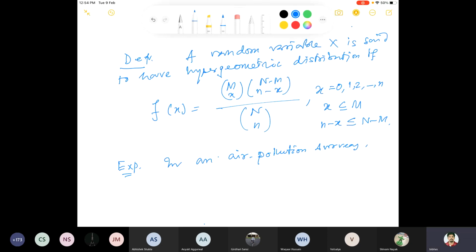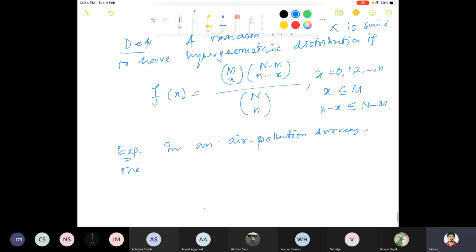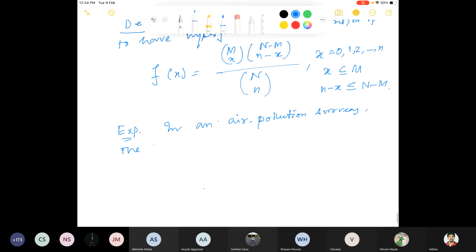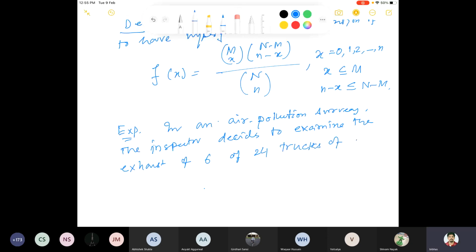The inspector who is surveying decides to examine the exhaust of 6 of 24 trucks of a company.